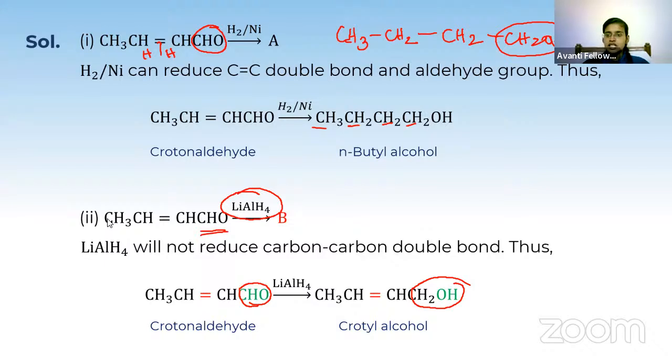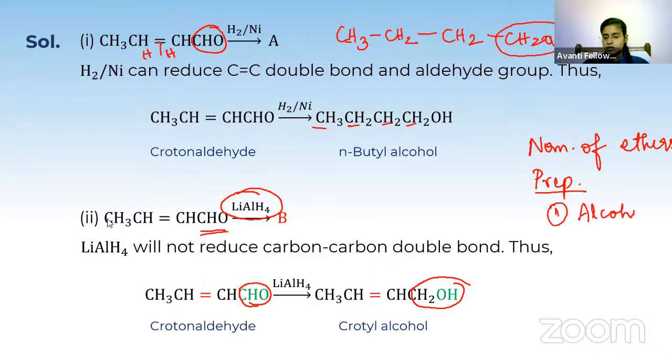So what have we studied today? We have discussed the nomenclature of ethers, and we have moved into the preparation topic. First we started with the preparation of alcohols, and alcohols can be prepared using 3 methods.